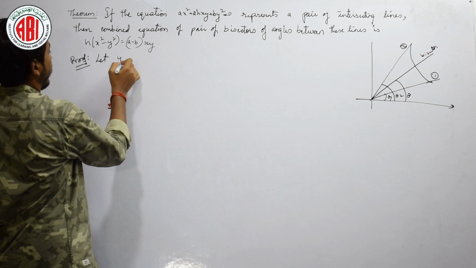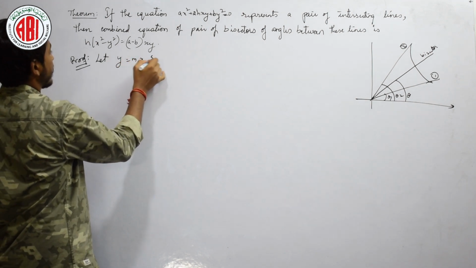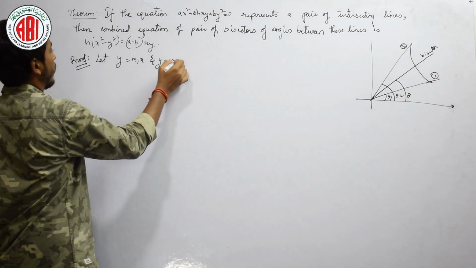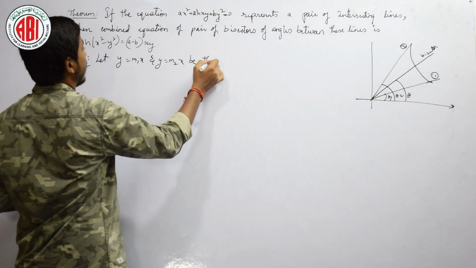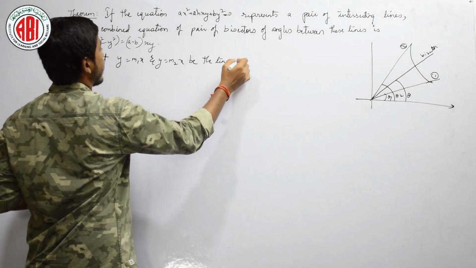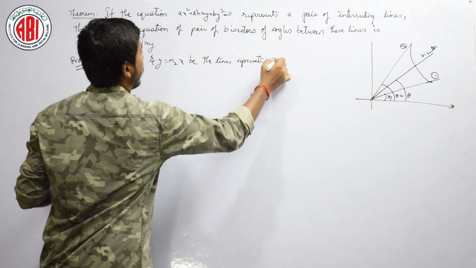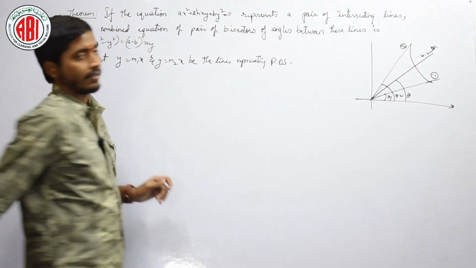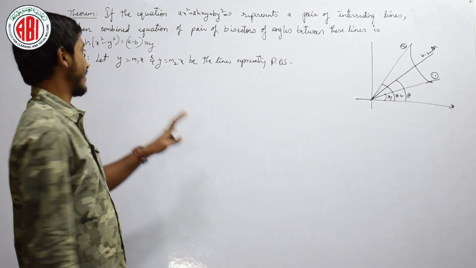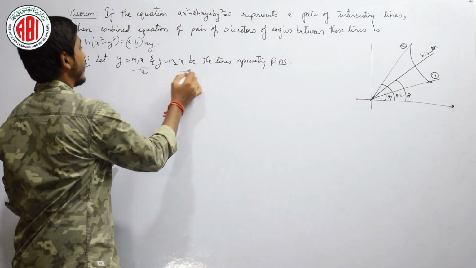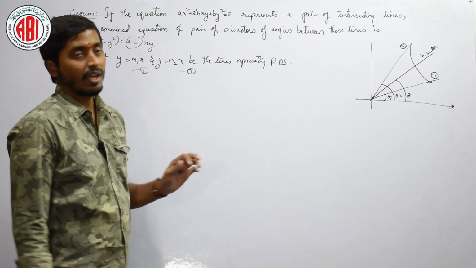Let y is equal to m1x and y equal to m2x be the lines representing the pair of straight lines. Let it be for this time. This is equation 1, this is equation 2. What is this?